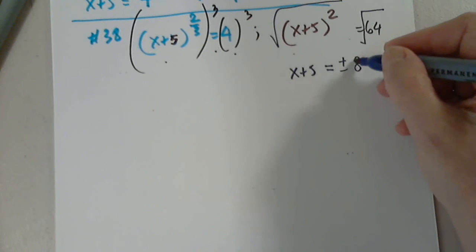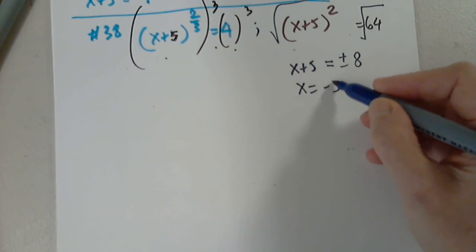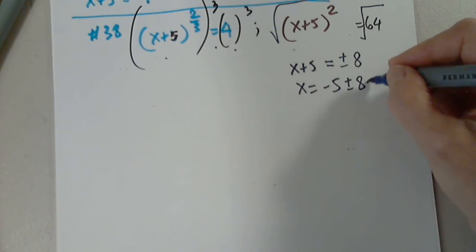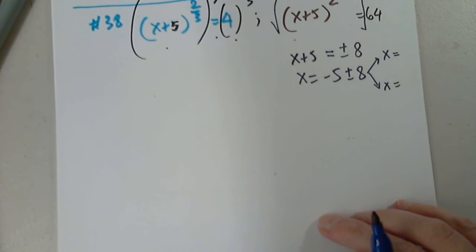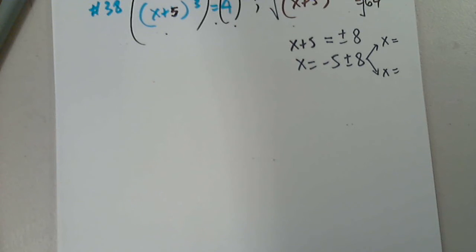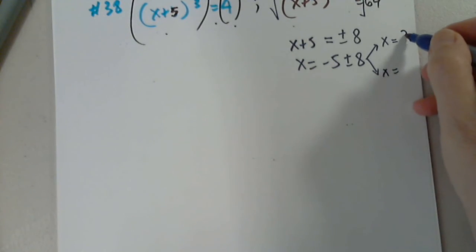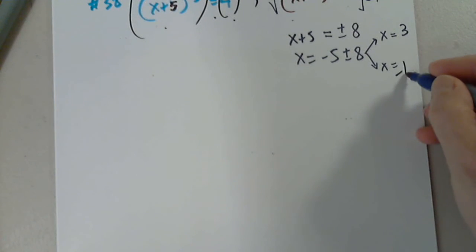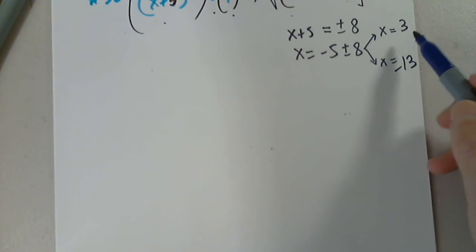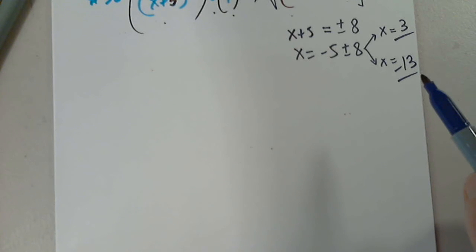Thank you very much. So then x equals negative 5 plus or minus 8, and we have to separate them because we can simplify them. So when I separate the first, what will I get? 3. Very good. And for the second one? So solutions 3 and negative 13.